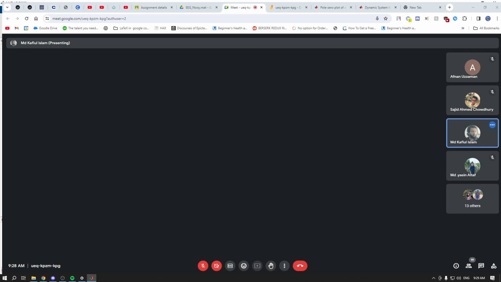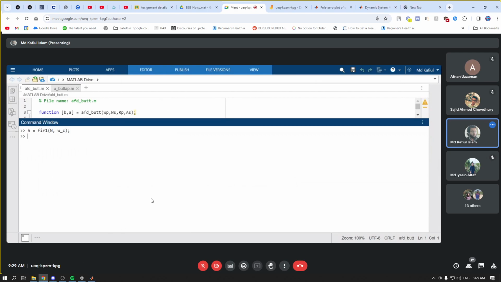So we said that we can use an H to find out the FIR filter function. We still have the same N and omega C. Now for an IIR filter, you can use an order which is much lower. But for an FIR filter, the order should be much higher, because an FIR filter with the same order as IIR will give you a very bad filter response.